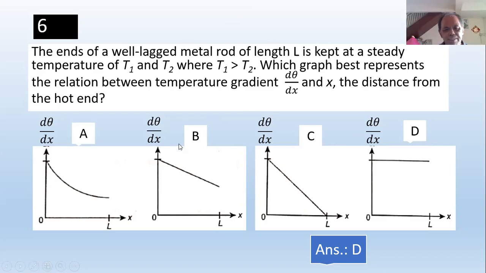Theta against x will be B. Delta theta over delta x against x is similar to the graph of PV against V, just like dQ/dt. The gradient is constant. It doesn't change.